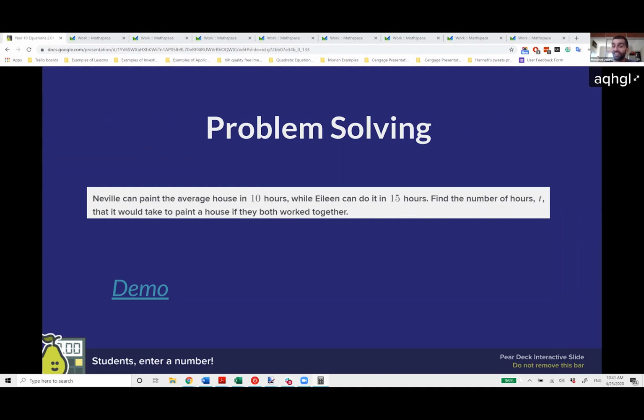If they work together, they each have to paint less of the house, right? So definitely it's going to take a shorter amount of time. If Neville can paint the whole house on his own in 10 hours, then with Eileen's help, it's definitely going to be shorter. So that's a reasonableness check to ask, am I on the right track here, or am I way off?